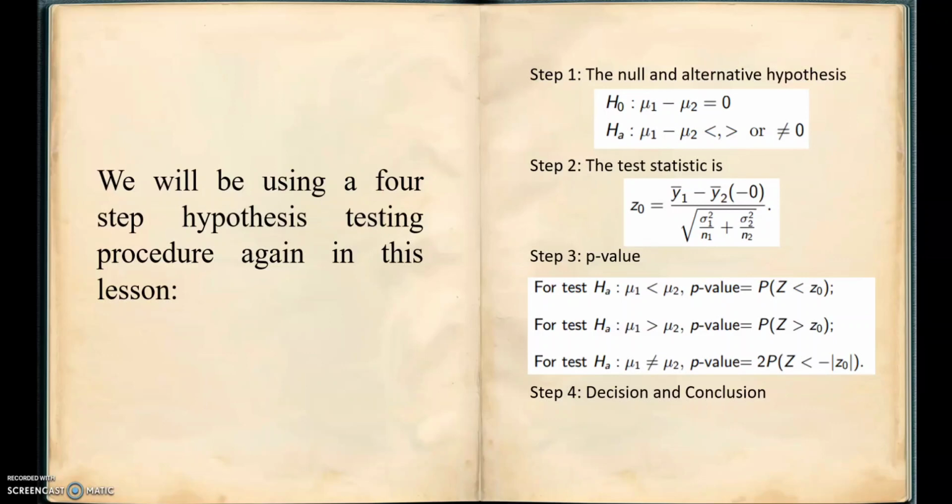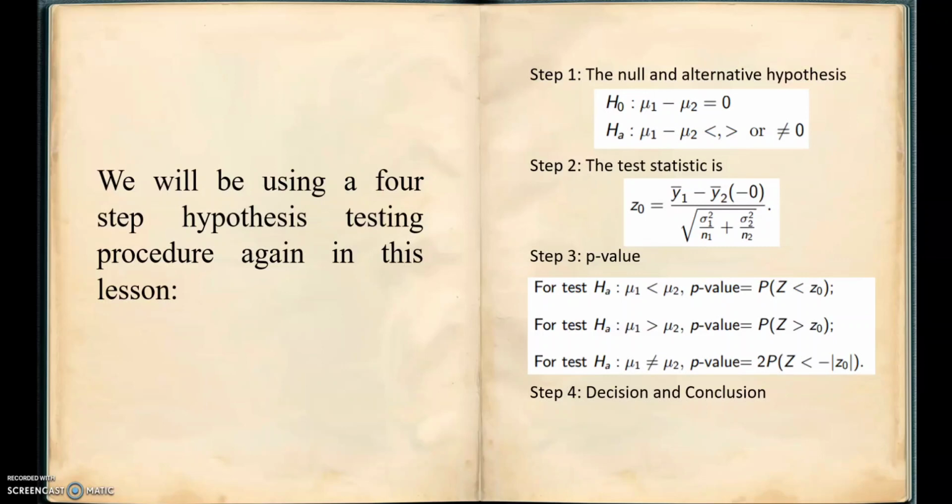And for step 3, the p-value. For the alternative hypothesis mu sub 1 less than mu sub 2, the p-value is equal to the probability of z less than z sub 0. For the next alternative hypothesis, mu sub 1 greater than mu sub 2, the p-value is equal to the probability of z greater than z sub 0.